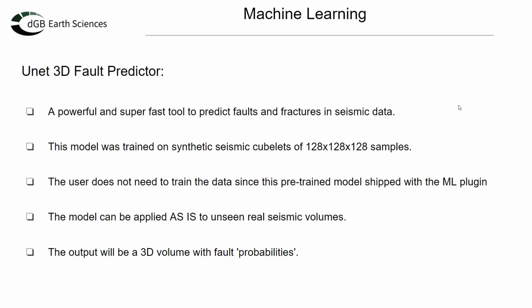The model is trained on a synthetic or simulated cuboid of 128 by 128 by 128. The good thing is that the interpreter does not need to train or extract any examples, because this is a pre-trained model shipped with the plugins. All you need to do is apply it as is on data that this model has never seen before, and you will output a fault probability volume.